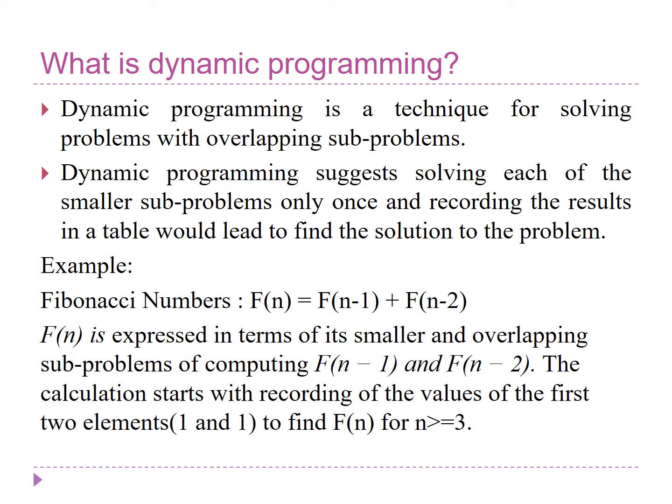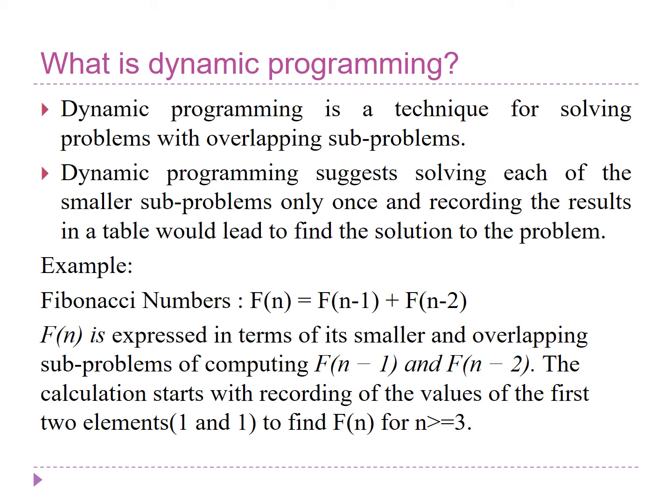For example, consider calculation of Fibonacci numbers, which is given by the relation f of n equals f of n minus 1 plus f of n minus 2. It could be noticed f of n is expressed in terms of its smaller and overlapping subproblems of computing, which are f of n minus 1 and f of n minus 2.